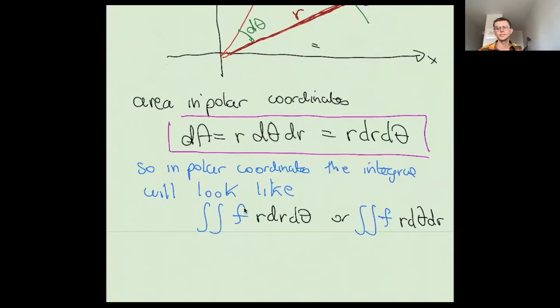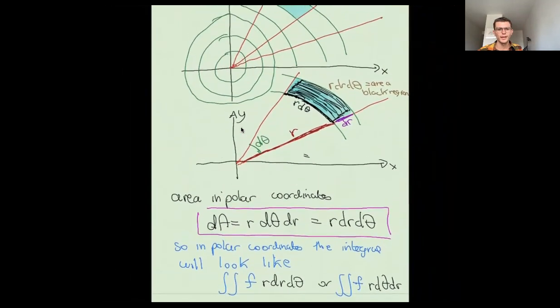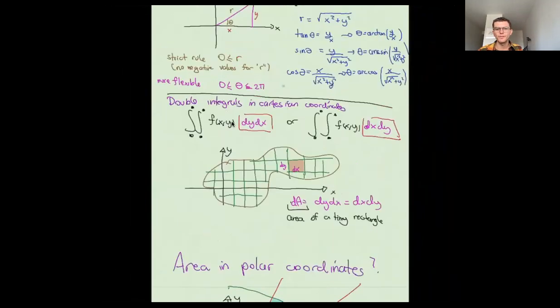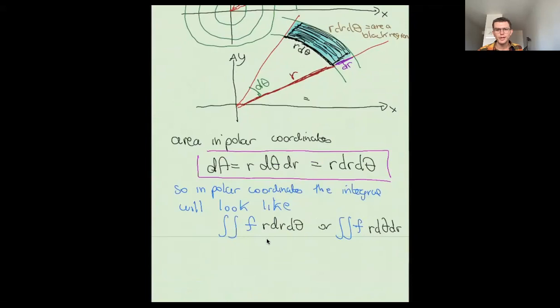If you compare this with the Cartesian case, there you had the function and then just dy dx or dx dy. In this case, you still have the function, but instead of just dr d theta or d theta dr, you have this extra factor of r, which is multiplying these other two quantities.